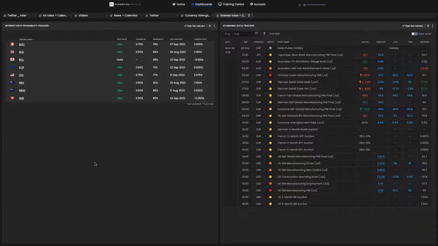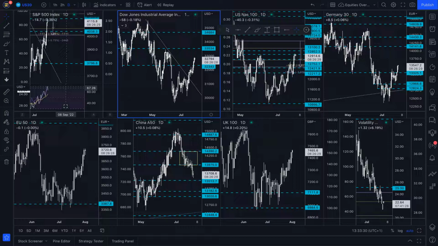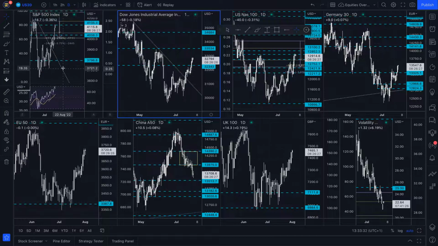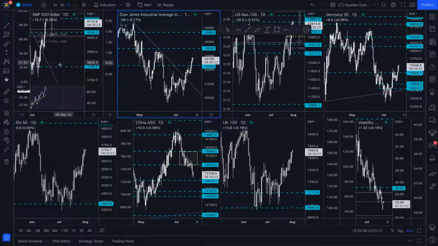So now we'll go over to the calendar. I want to start by giving us the major rundown on narratives. If you look at US equity futures markets, they're all broadly higher last week.